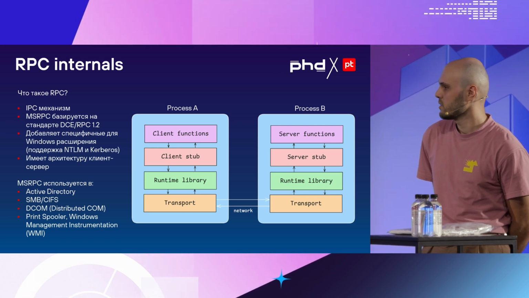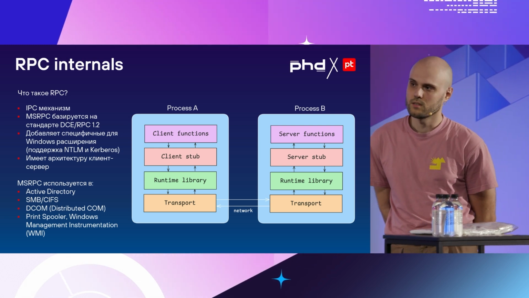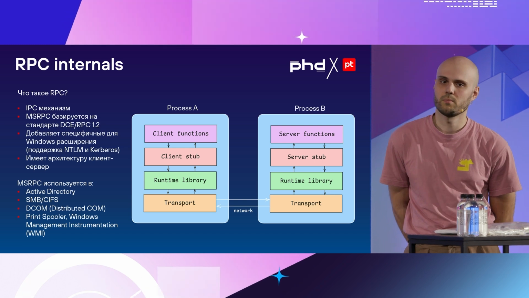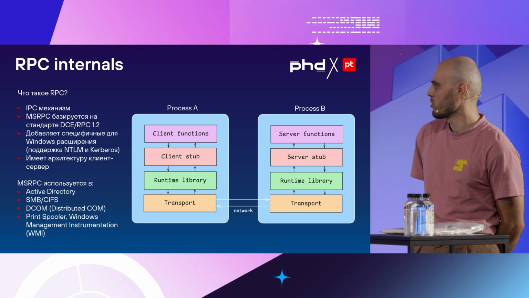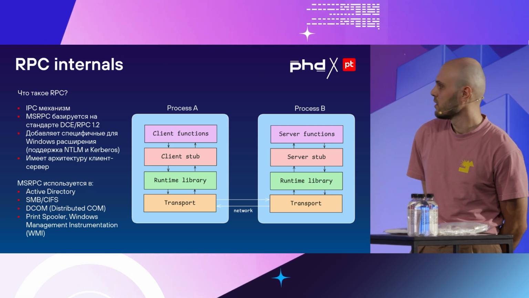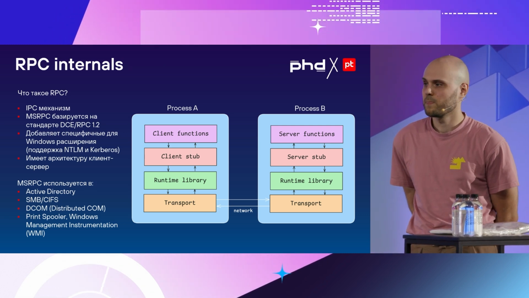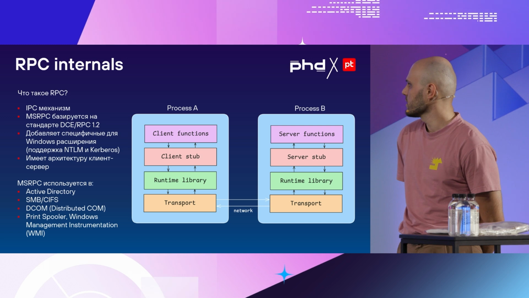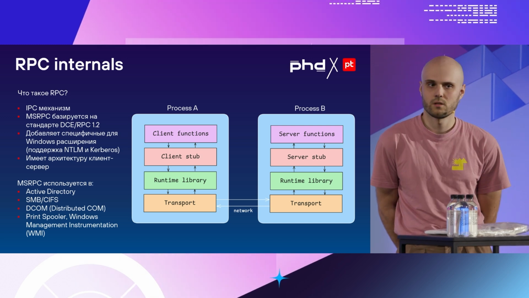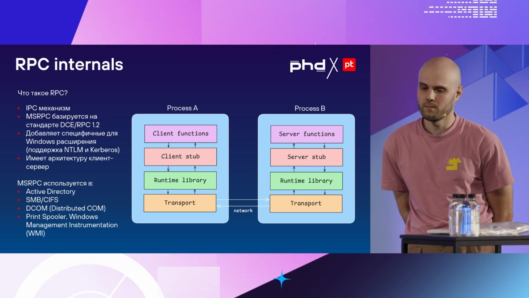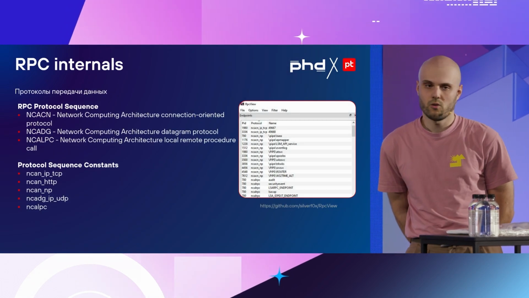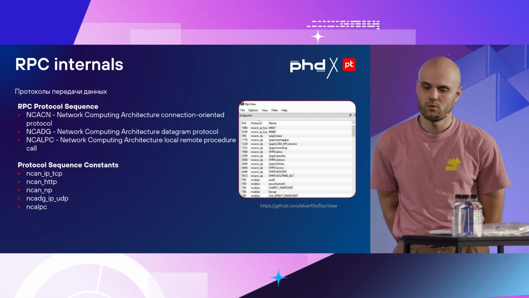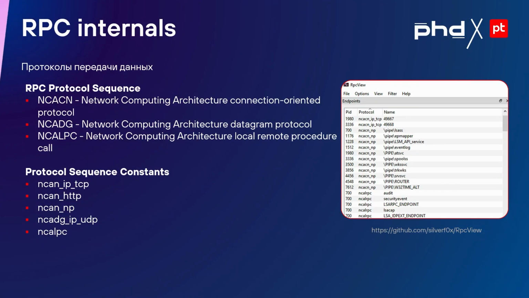In Windows, it's the RPC runtime 4 DLL. This DLL is connecting to the RPC server, serializing the arguments, choosing the protocol to send them through, and gets all the responses. So it's the same on the server, but just in the opposite order. And the protocols for data transfer are plentiful.